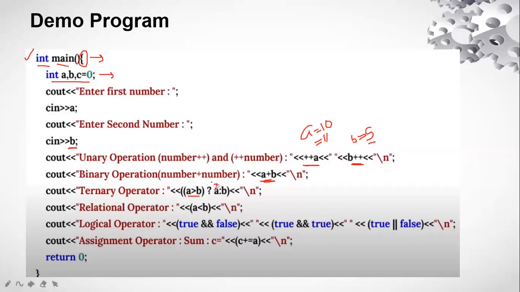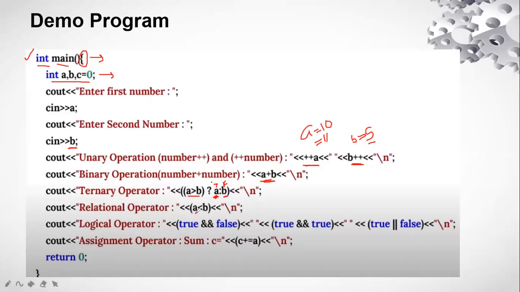If the condition is true, the value will be this, and if the condition is false, the value will be this. So if a is 10 and b is 5, this condition is true, a is greater than b, so a will be printed. And if this is false, b will be printed, right? So this is the conditional ternary operator, which works on 3 operands.